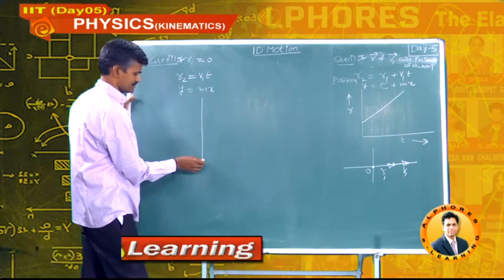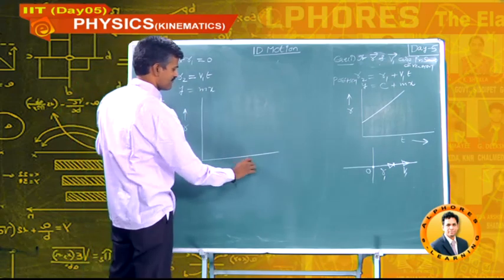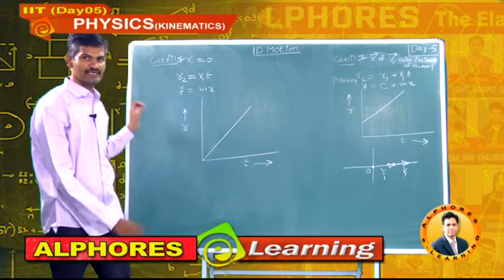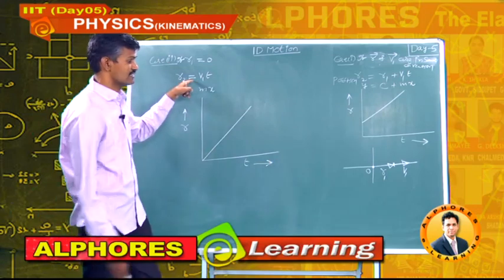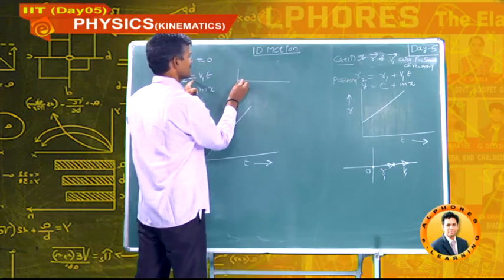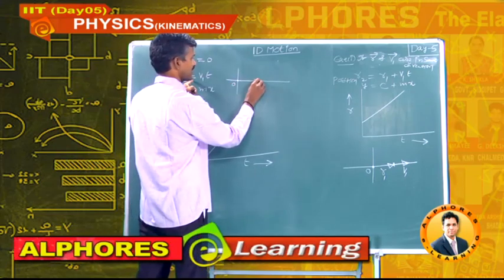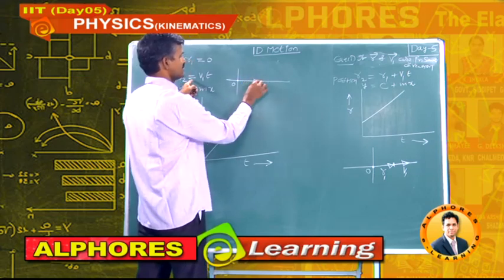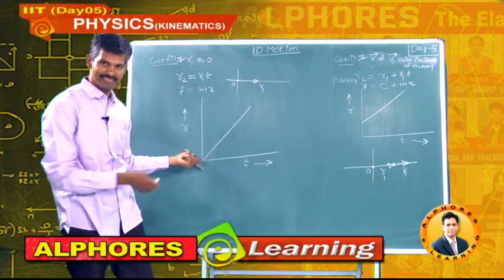In such a case, this position time graph is just like the displacement time graph. If the particle starts from origin, this general diagram we can write: if this is origin, the body moves along the x axis with some velocity v1, then this situation can be represented on the graph like this.